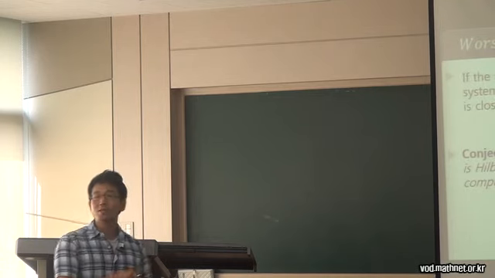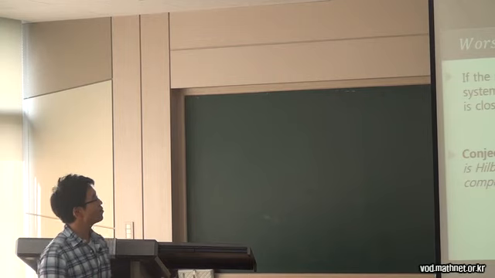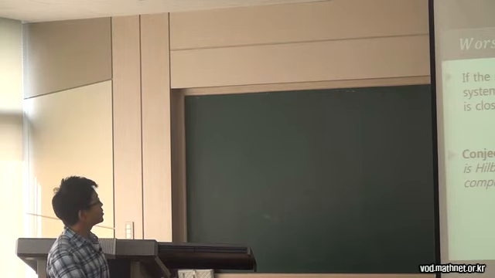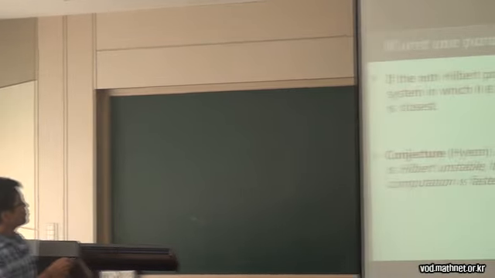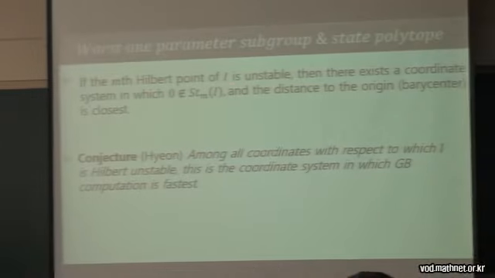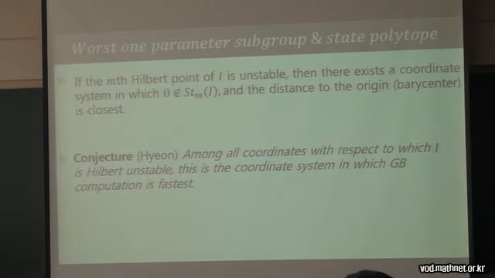So there is a famous theorem due to Kempf, which was a conjecture of Mumford, that if something is unstable, then there is a coordinate system in which the origin or the barycenter is not in the state polytope. This was in the previous slide. And the distance to the origin is the closest.